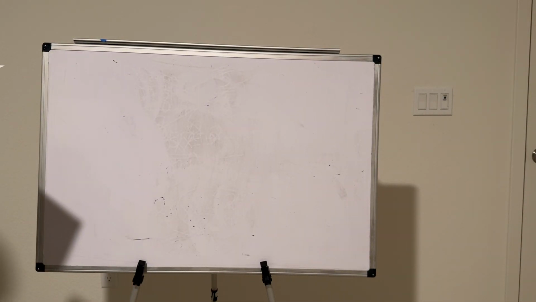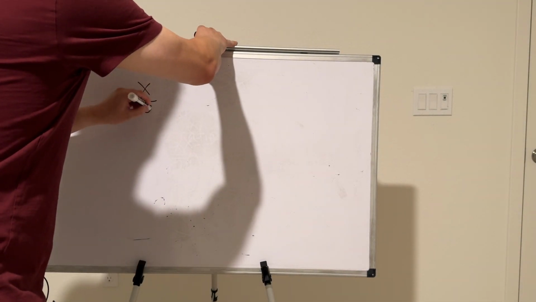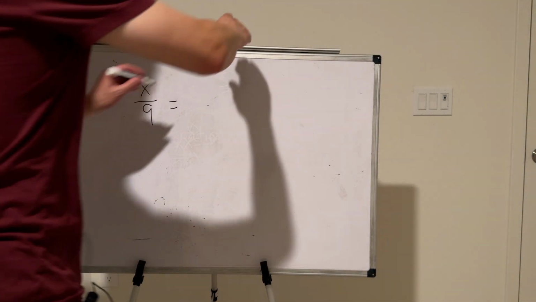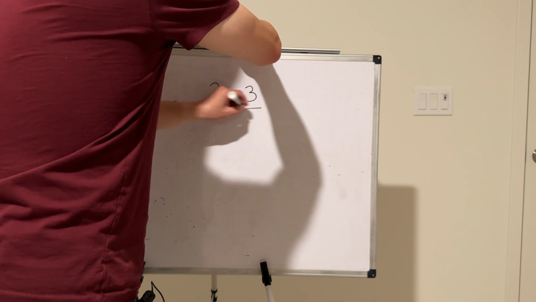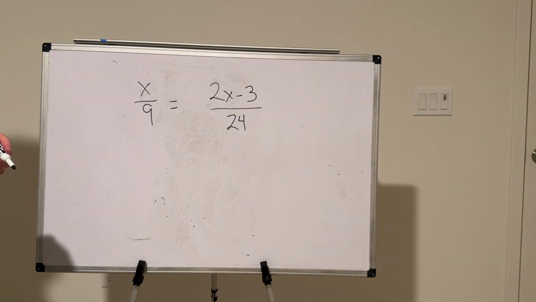In this next example, I've got x over 9 is equal to the quantity 2x minus 3 over 24. Okay.